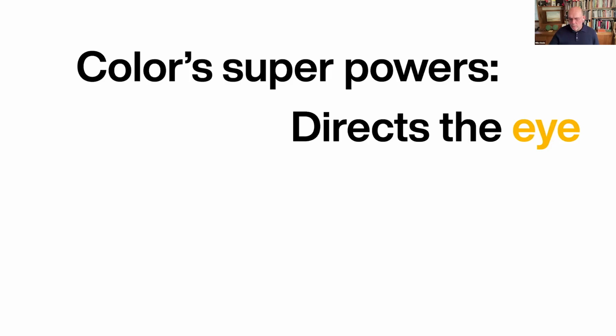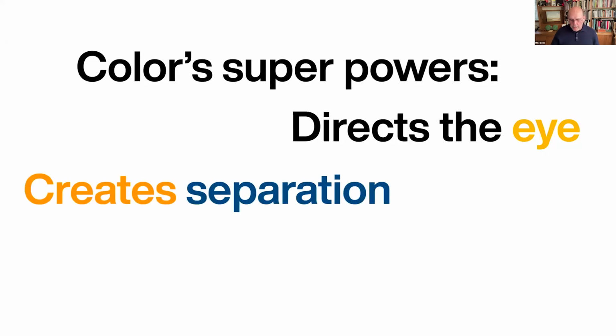Color's superpowers. Color directs the eye, and you can use that well or not. Figure anything red in the scene is probably going to be where people will start looking. So if you do have red in the scene, you better want people to look there. Same for dynamics of black and yellow. It creates separation within settings, as you saw in that Grand Canyon photograph.